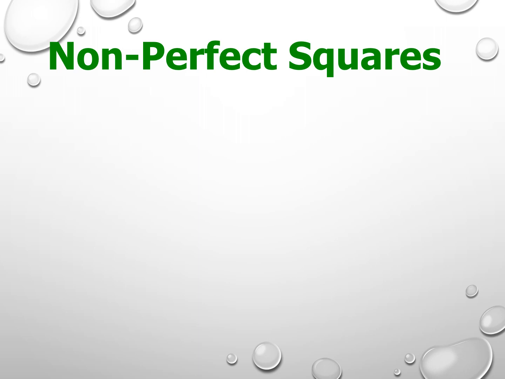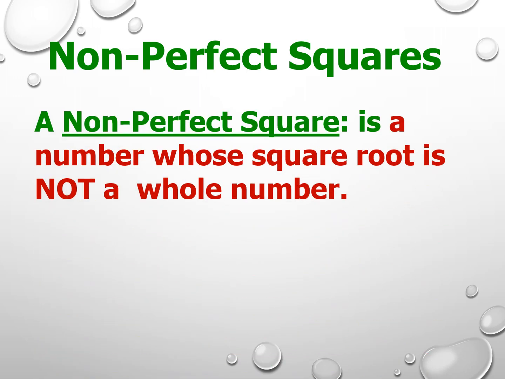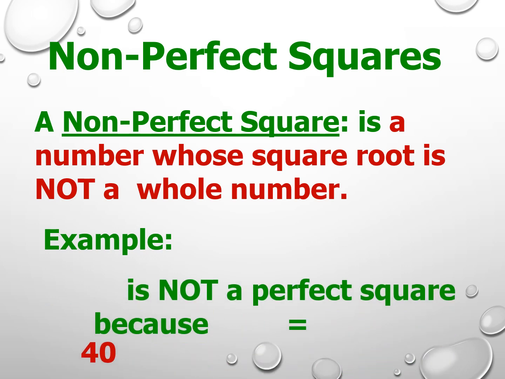Now let's move on to non-perfect squares. So a non-perfect square is a number whose square root is not a whole number. So in here, example, 40 is not a perfect square. Why? Because square root of 40 is approximately equal to 6.3245 and so on and so forth.